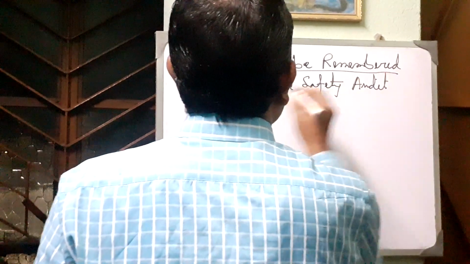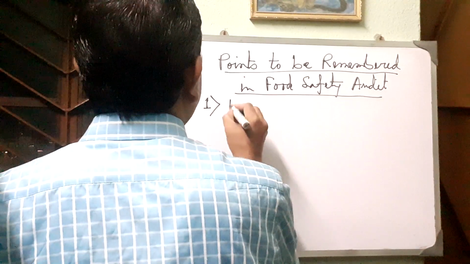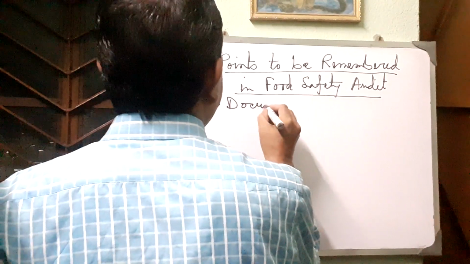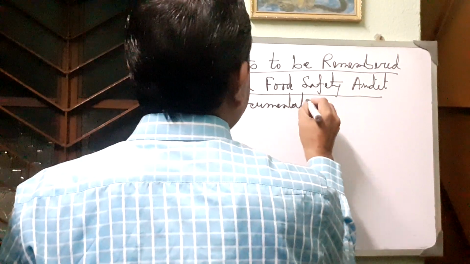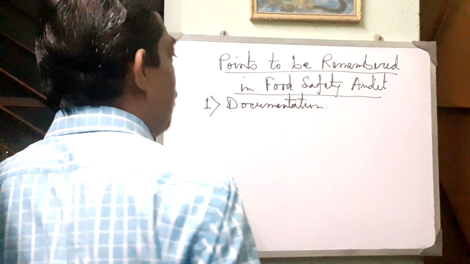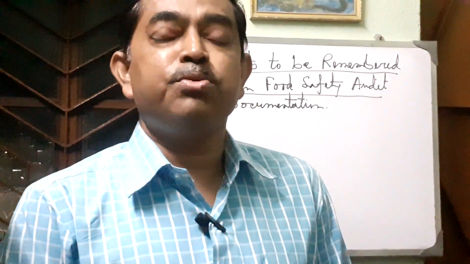The first point we will discuss is documentation. Documentation is one of the important things of any ISO certification, including the food safety management system certification ISO 22000.